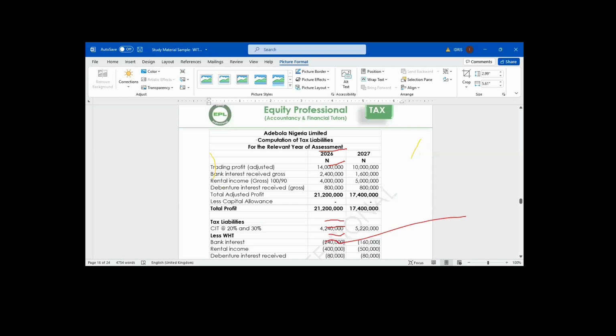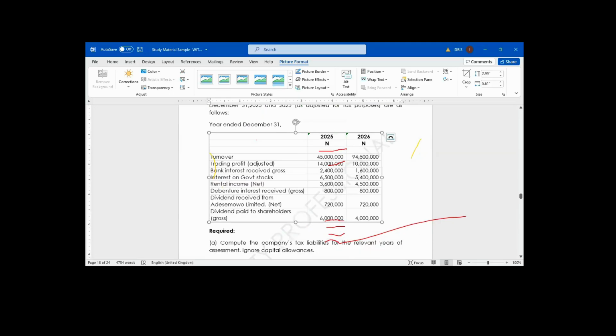I will use it to determine the company income tax rate, sir. In this question, for the second year, I said I'm going to use 30%, though the turnover is 94,500,000.